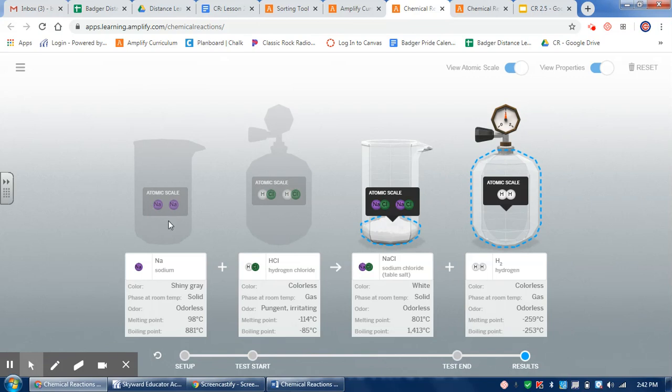And you can also tell that their arrangement of atoms is different, which gives us more evidence that we've got 4 different substances, 2 reactants and 2 products, what we started with, what we ended with. It's pretty clear that we have a chemical reaction that took place.